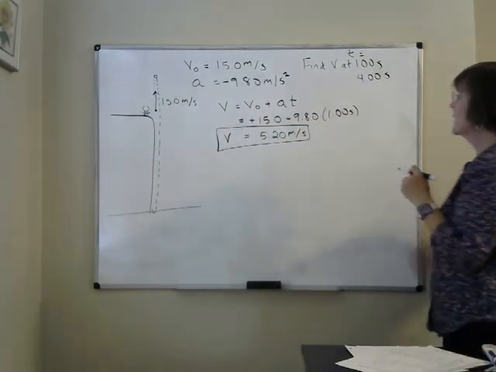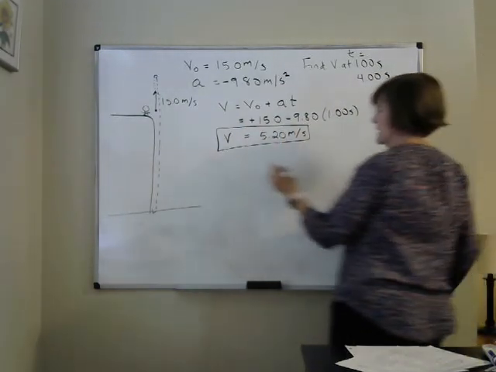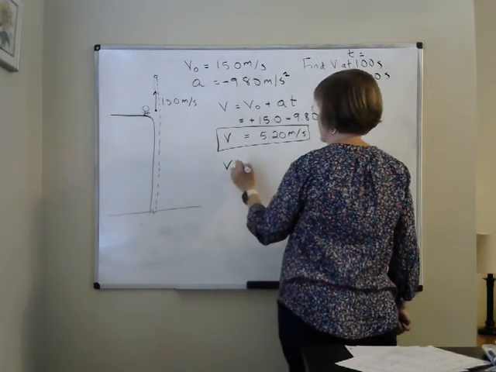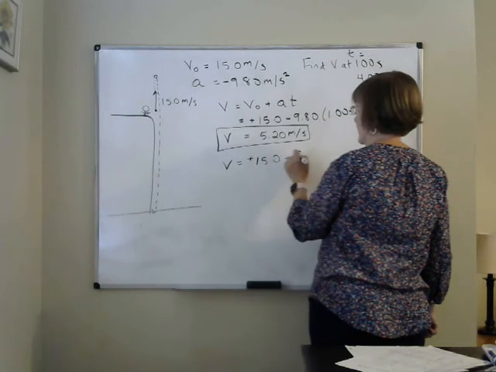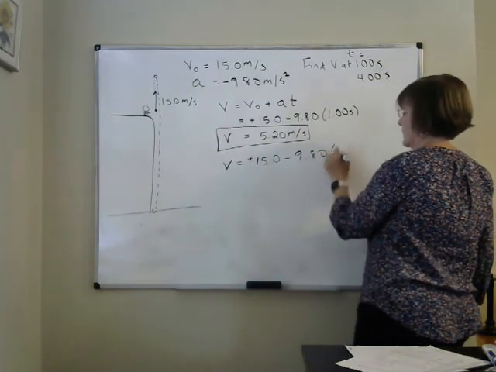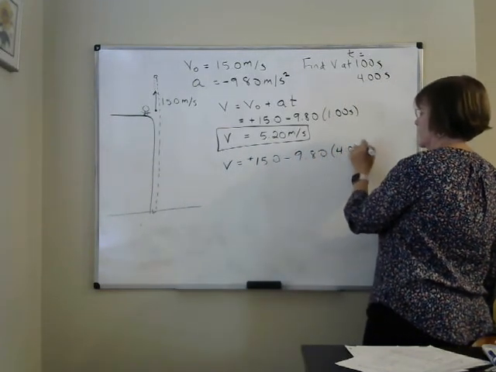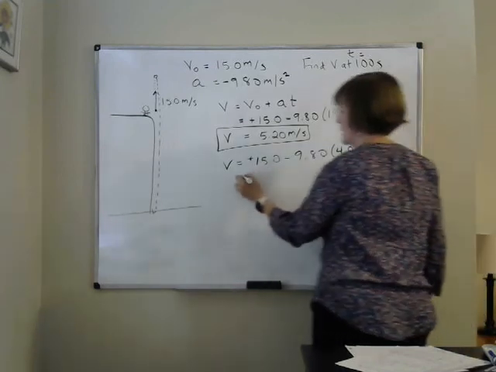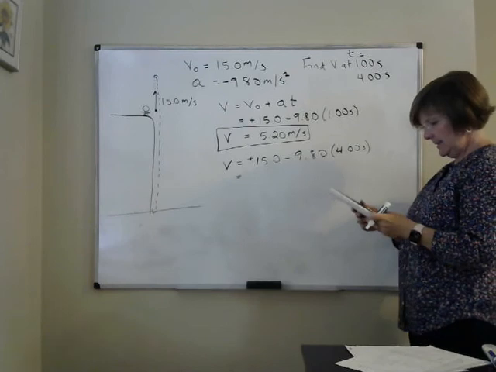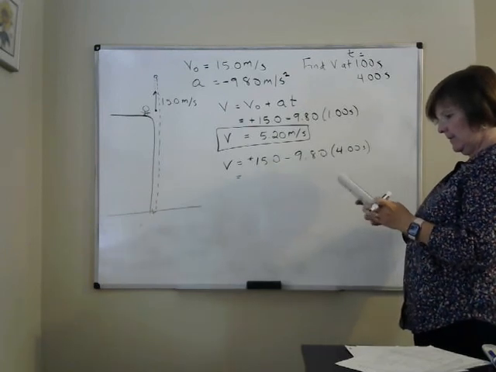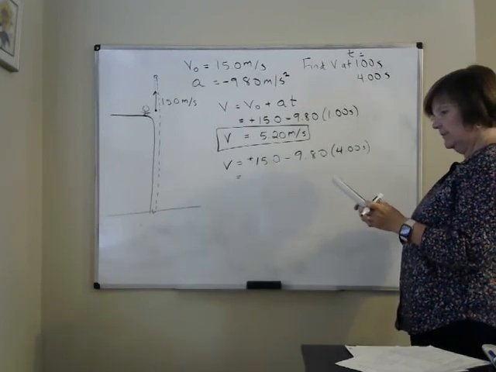If I find out how fast it's going at 4 seconds, I'm going to need a calculator this time. 15 minus 9.8 times 4.